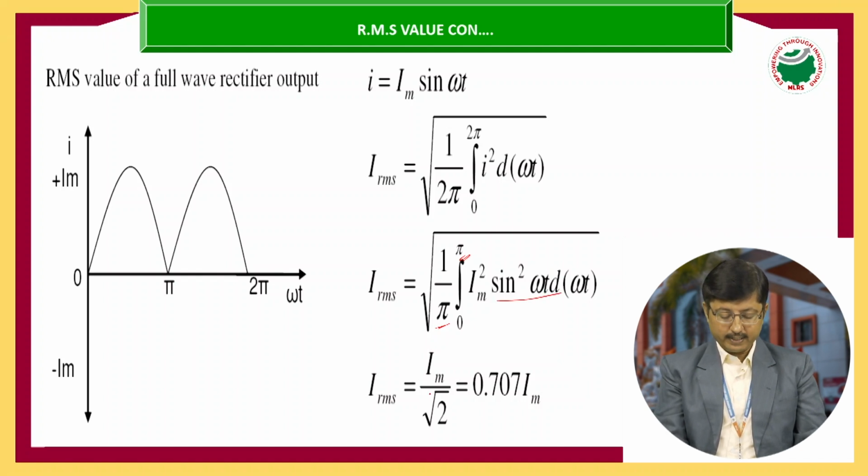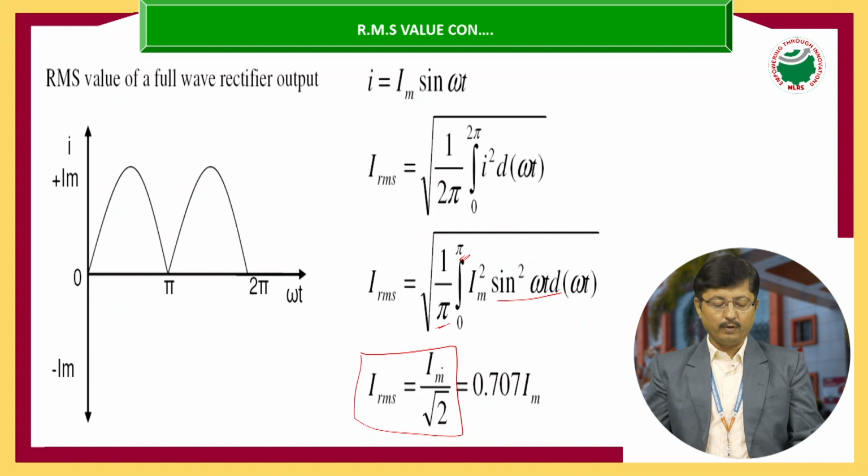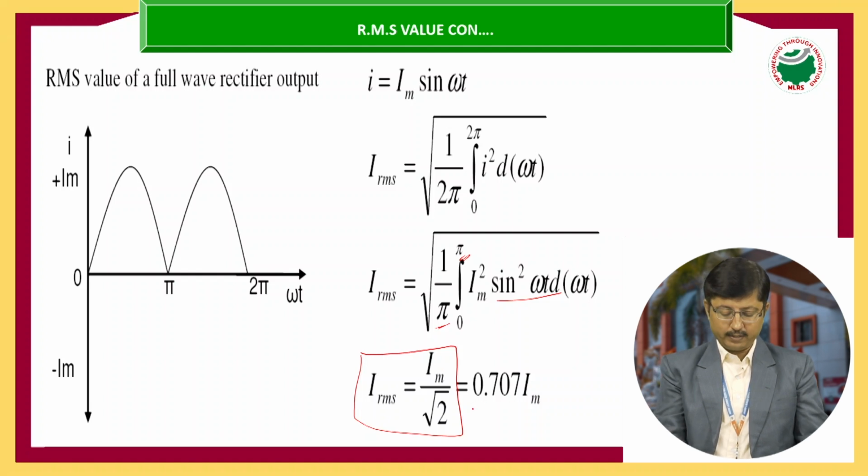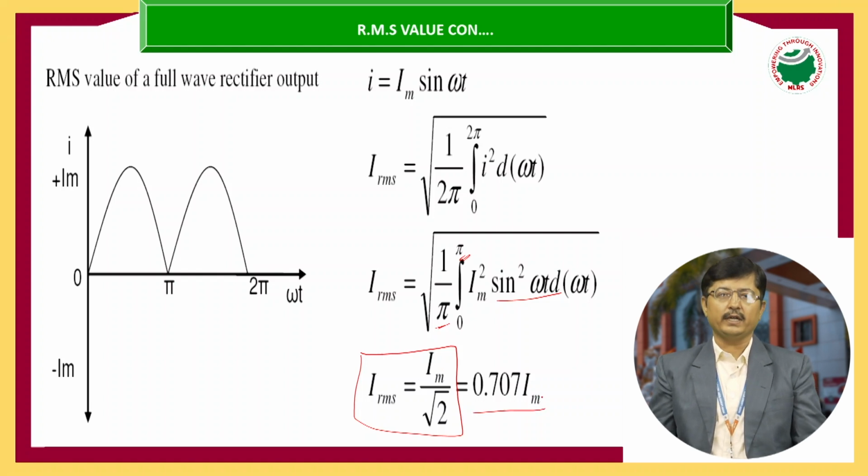We simplify this expression, taking I_m squared common and substituting the formula for sin squared omega t. Finally, after simplification, we get I_RMS equals I_m by root 2. So for full wave rectifiers also we get the same value, 0.707 times the I_m value.